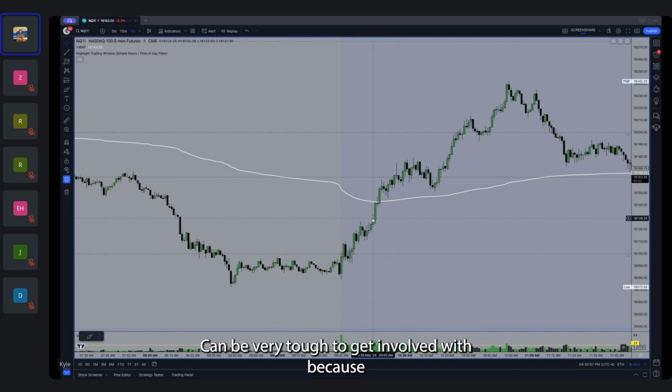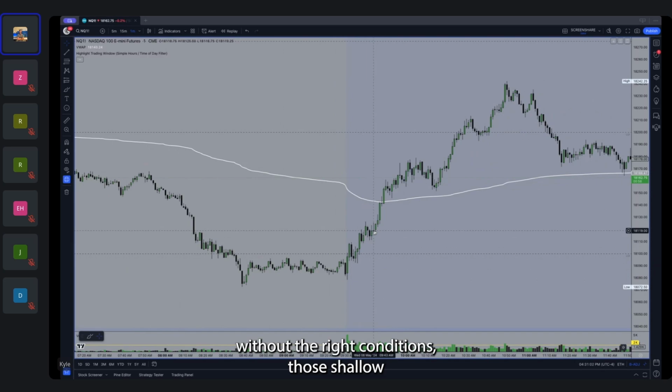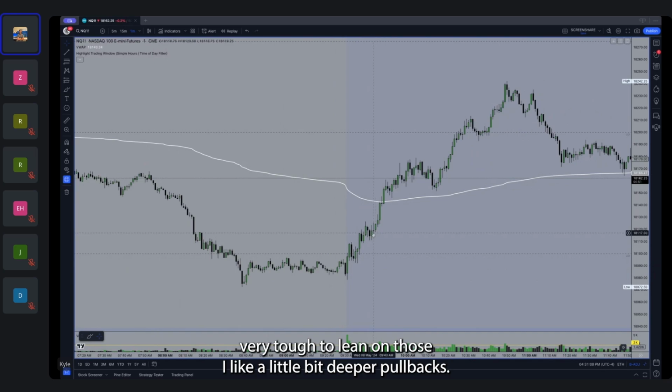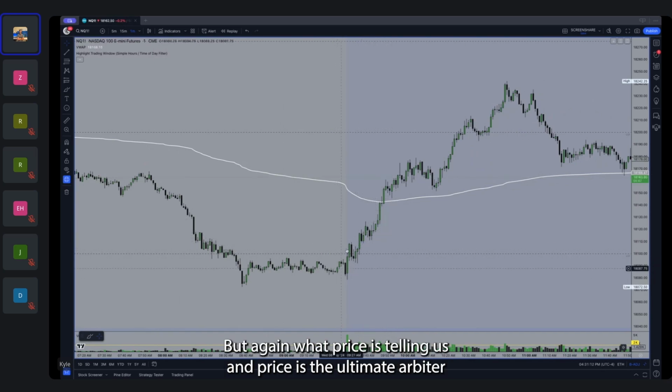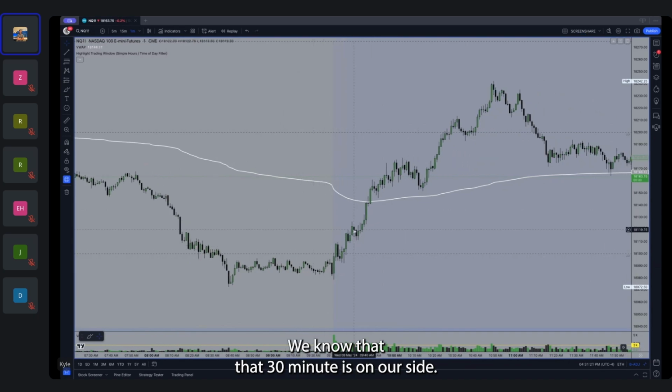Those can be very tough to get involved with, because without the right conditions, those shallow higher lows, at least for me personally, are very tough to lean on. I like a little bit deeper pullbacks. But again, what price is telling us, and price is the ultimate arbiter, is that buyers are pretty firmly in control here. We know that 30-minute is on our side.